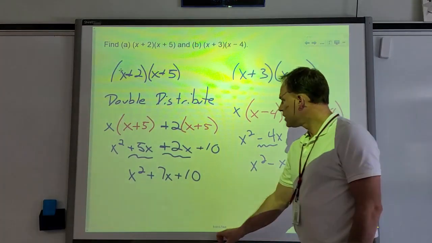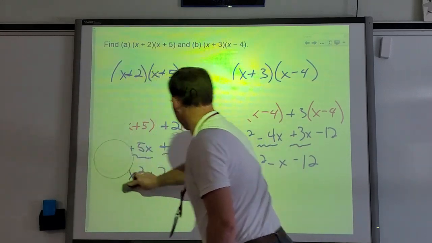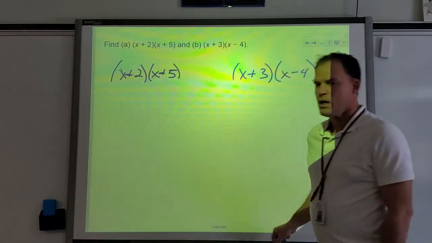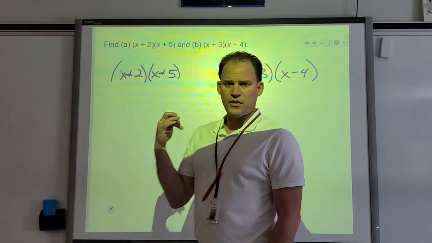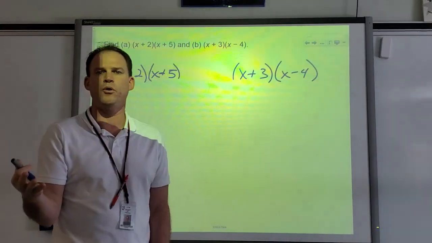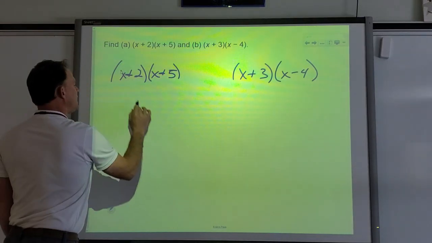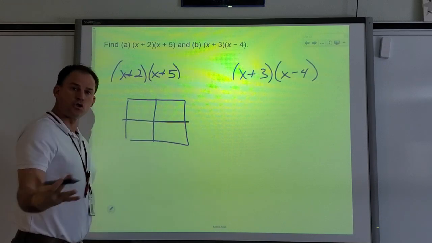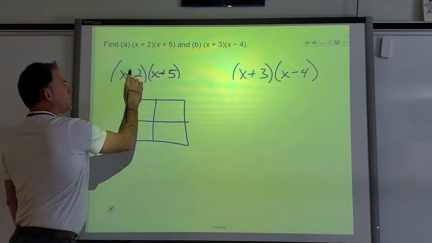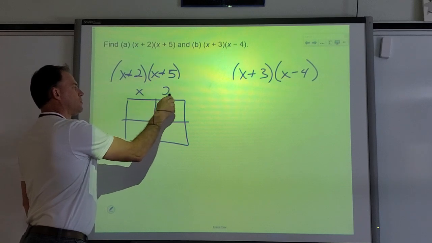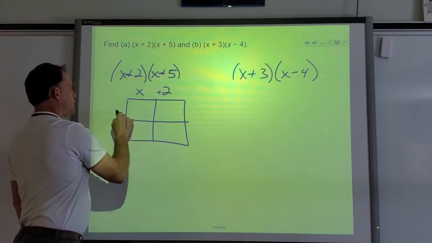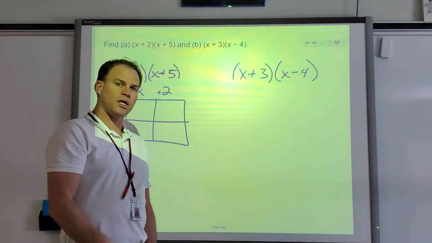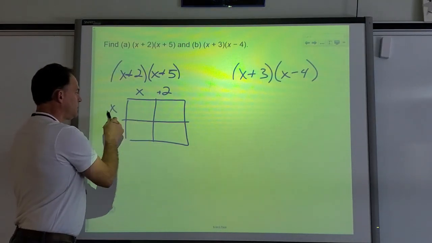All right, second method. Second method is usually referred to as a table method. So I construct a table. Put one polynomial on top, put the other polynomial down the side. And then you just multiply to fill the table.